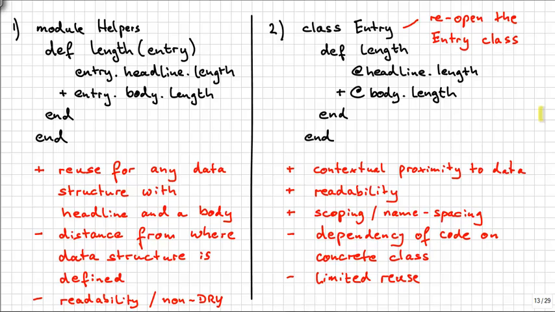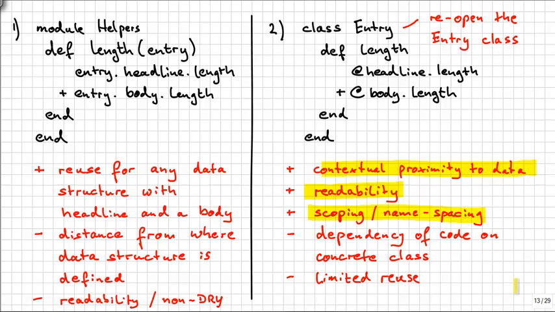On the right-hand side, where we introduce the length method into the entry class as an instance method, we have contextual proximity, meaning the data and the operations that process the data are very close together. We also have good readability. The code is DRY, no unnecessary repetitions.